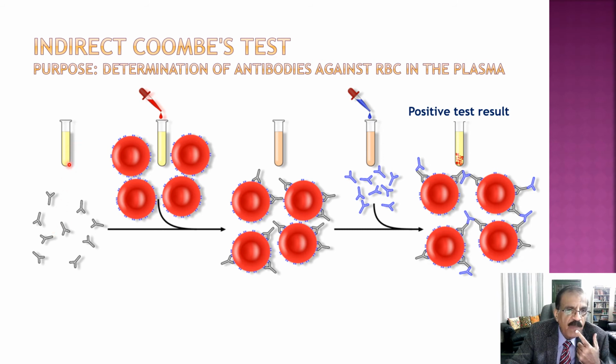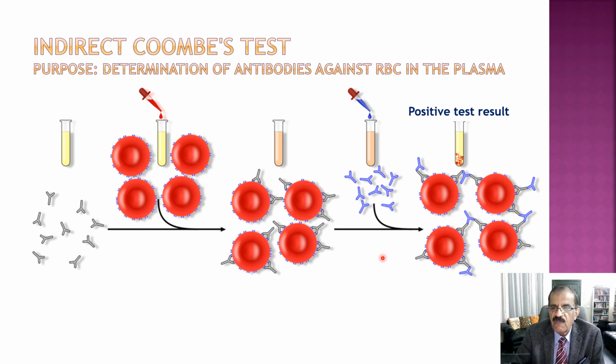Then we take RBCs from a healthy person and incubate them, and if this serum contains antibodies against RBC antigen, then these cells become coated with those antibodies, and further on the same test is done like the direct test. So one step is added, then the test is the same. This is called the indirect Coombs test.